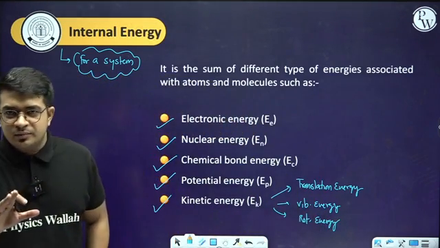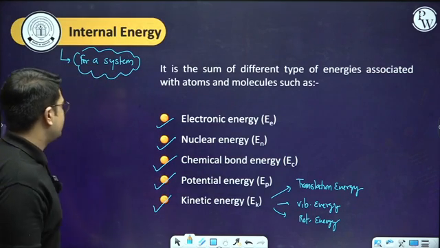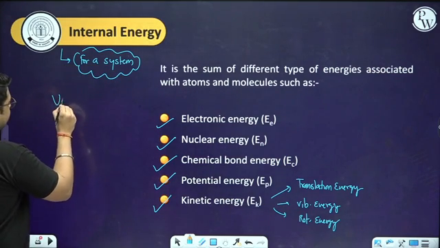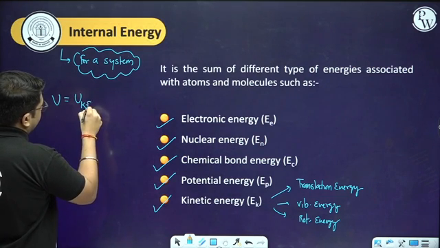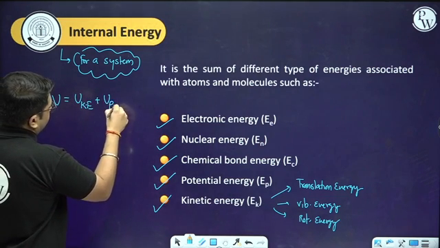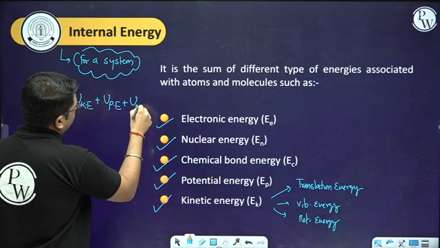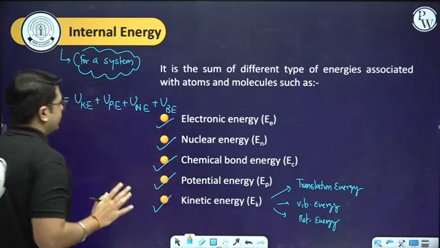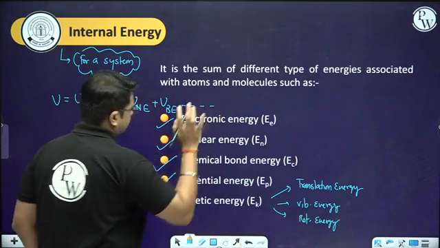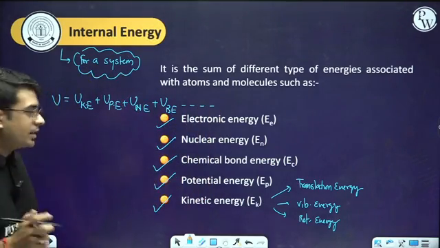So there are different modes. Every type of system contains a specific amount of energy. So this internal energy is U, which is a summation of these types. You can say U kinetic energy plus U potential energy plus U nuclear energy plus U bond energy, whatever type of energy is present, that is the internal energy of the system.